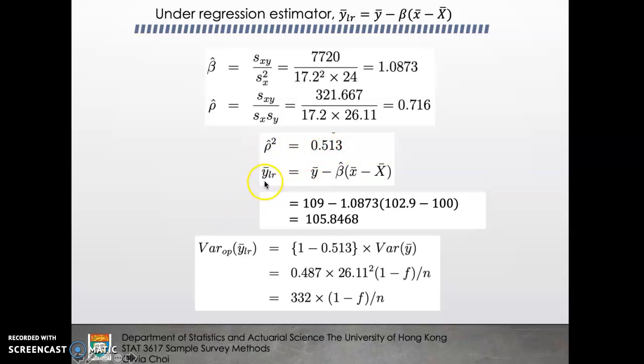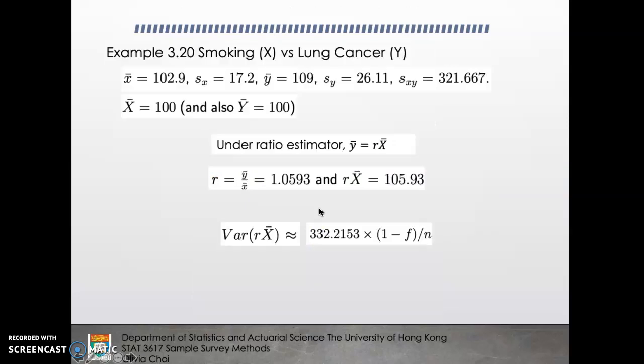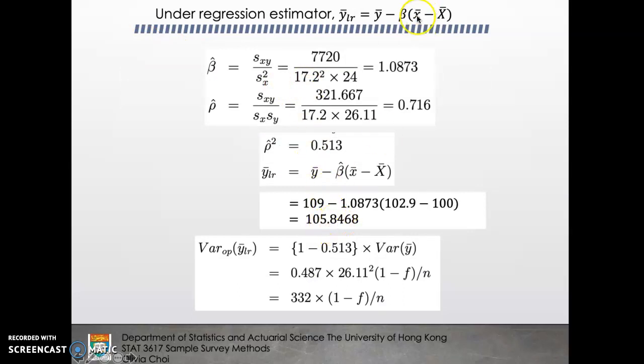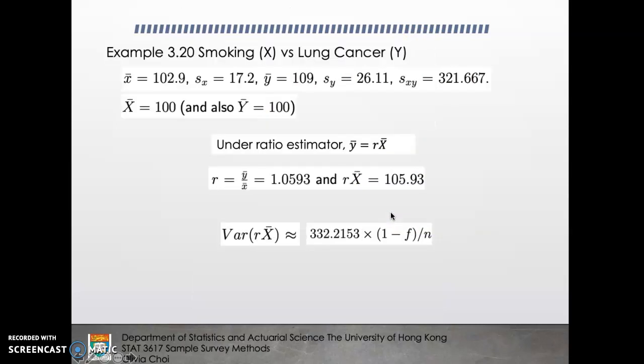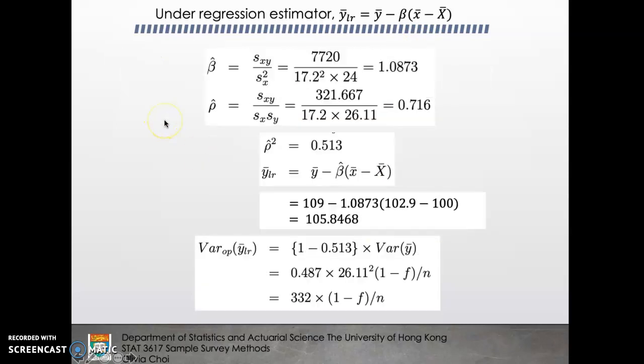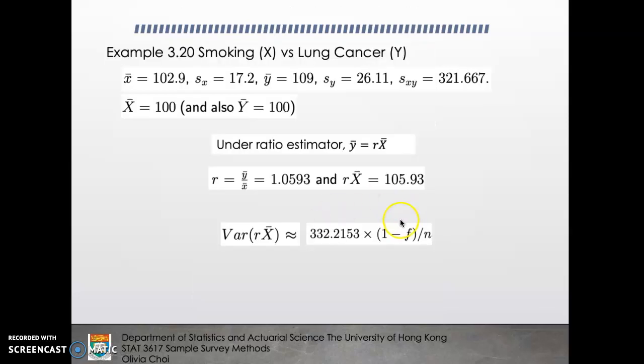Now we can estimate our Y bar under the linear regression, which equals 109 from the sample average minus beta multiplied by our sample X bar minus the population X bar. So we estimate Y bar under the linear regression to be about 105.8468. As compared to the ratio estimation, it's very close.